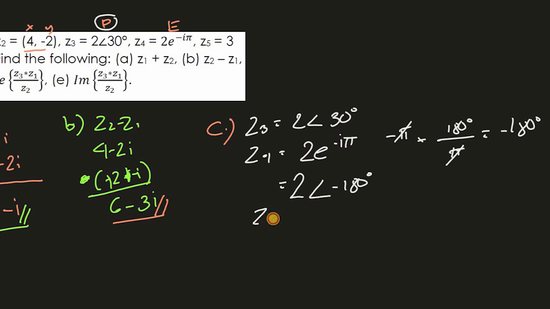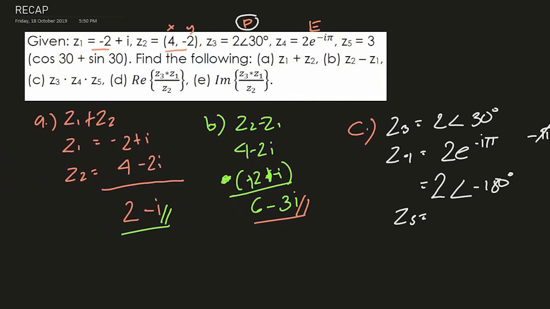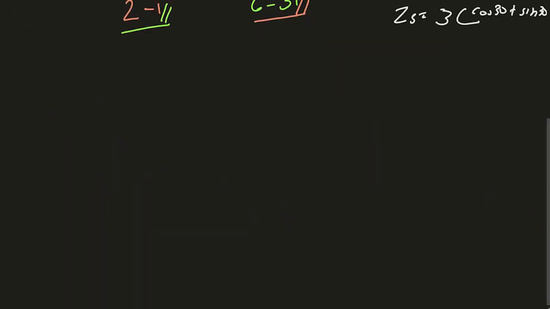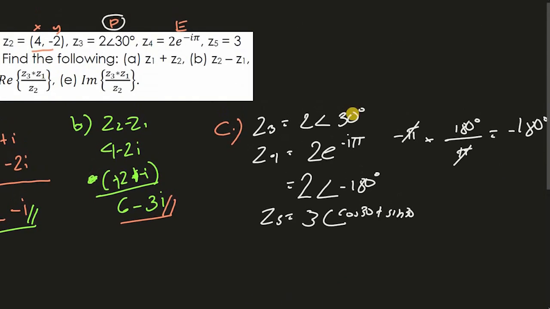Next, Z5. Z5 natin, that's 3 (cosine 30 plus i sine 30). Now, guys, kung mapapansin nyo, this is none of the forms that I have mentioned, but this is example of Euler's formula.